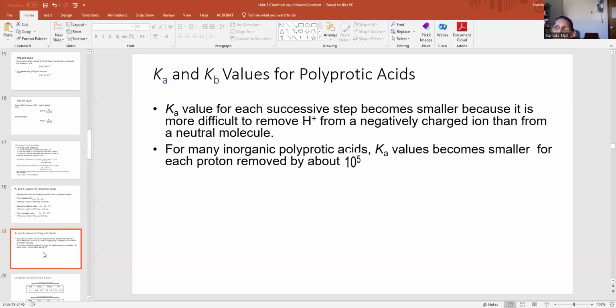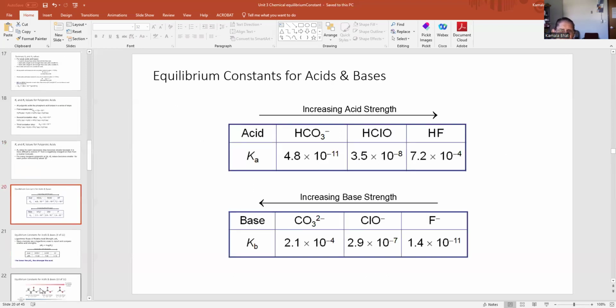And the reason you have such low Ka values for the second and third steps is that it is extremely difficult to remove a proton from a negatively charged ion than from a neutral molecule. Many inorganic polyprotic acids have Ka values that become smaller for each proton removed by a factor of 10 raised to minus 5.